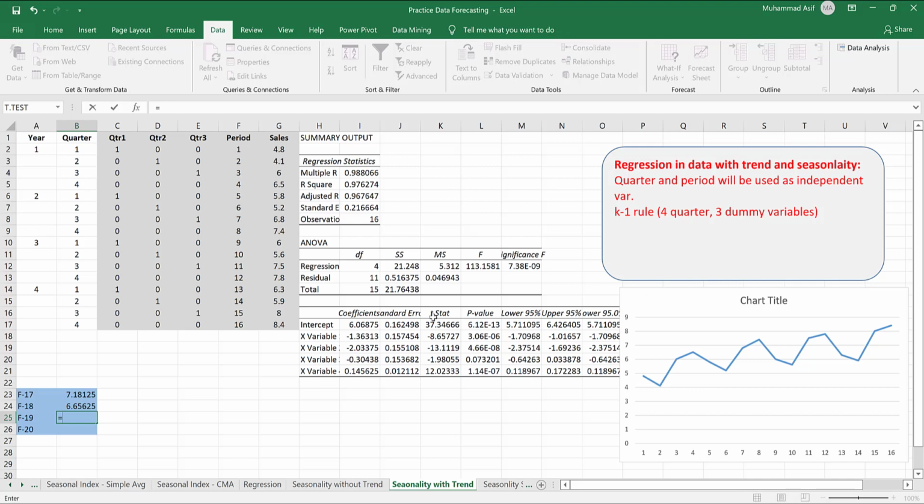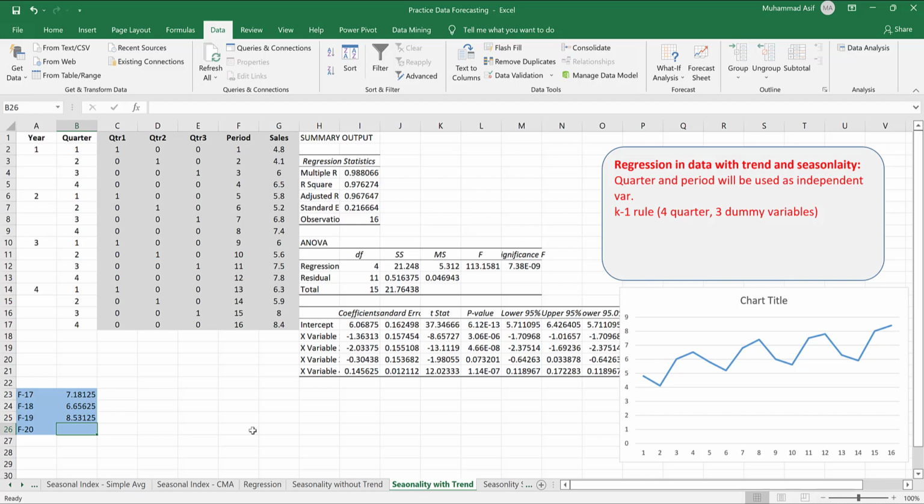And finally, for F19, it's equal to intercept plus, this time, this variable multiplied by 1 and all others become 0, plus this variable slope multiplied by period 19, and that's 8.53.